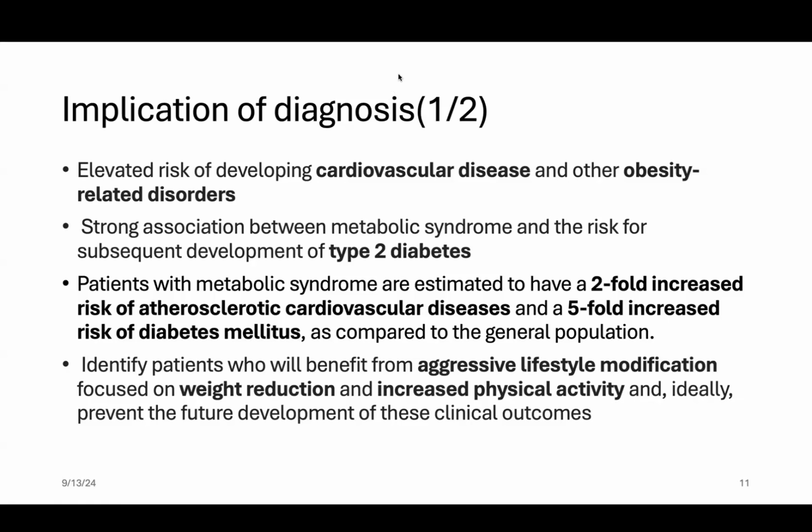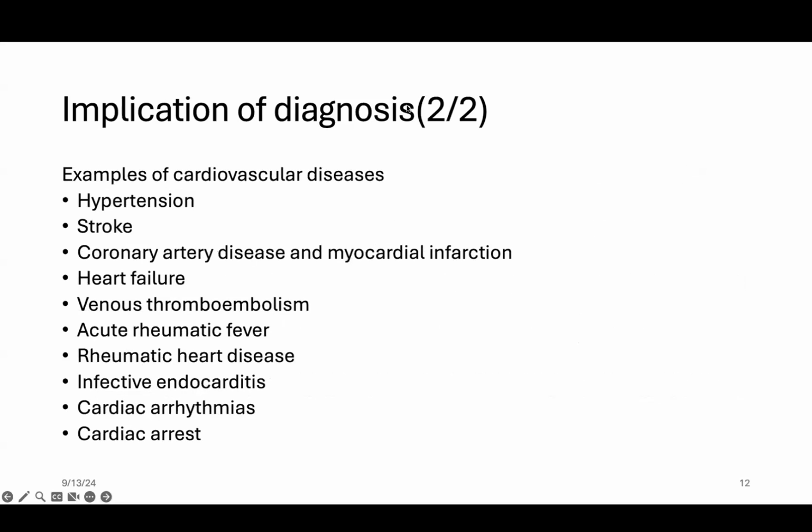Next slide. So to give us a broad spectrum of the various predispositions, we are saying that you are at risk of cardiovascular diseases and developing type 2 diabetes. And this is just to give us a range of the cardiovascular diseases we're talking about to bring it home. So it includes hypertension.